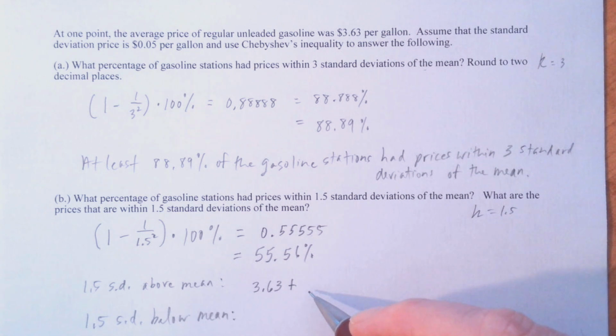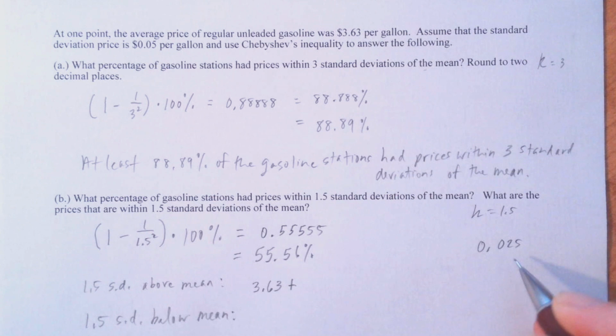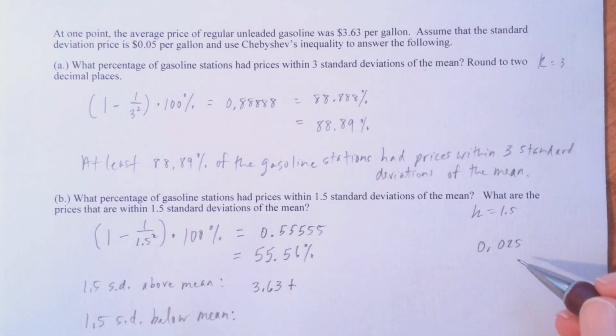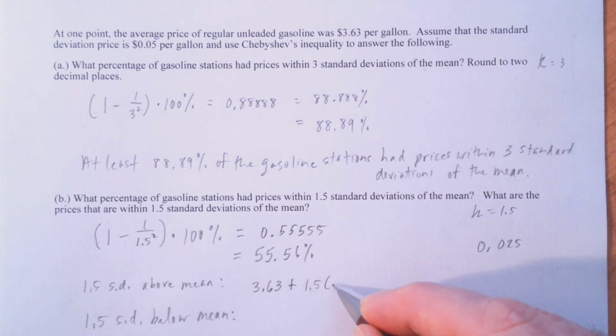So if one standard deviation is 5 cents, half of 5 cents would be 2.5 cents, or 0.025, right? Just divide 0.05 in half. So you could add 0.05 and then add 0.025. Probably the easiest way, though, is to multiply 1.5 times our standard deviation, which is 5 cents.